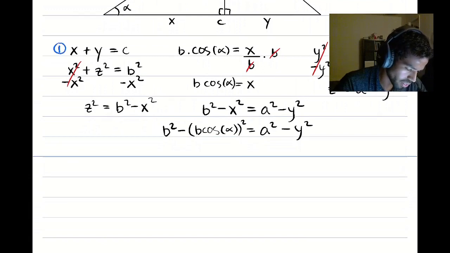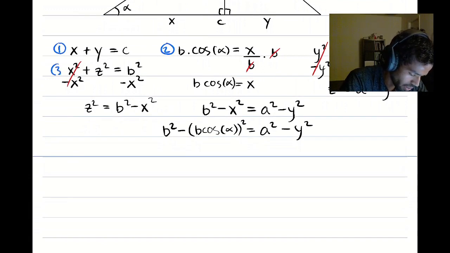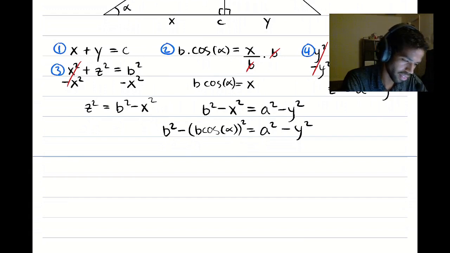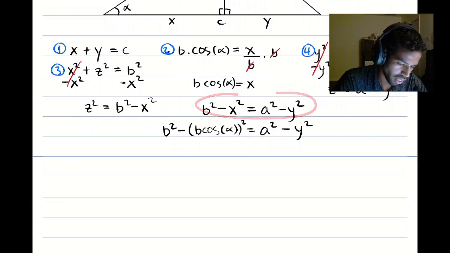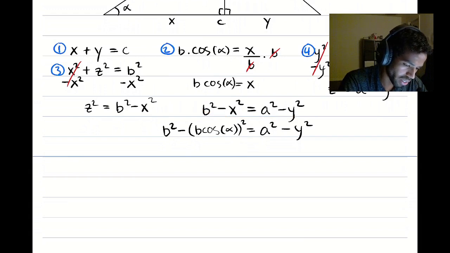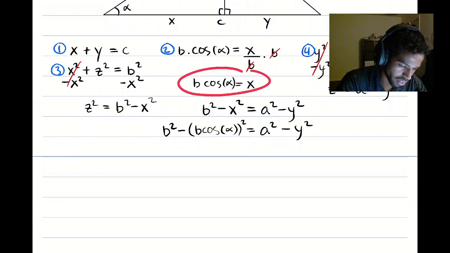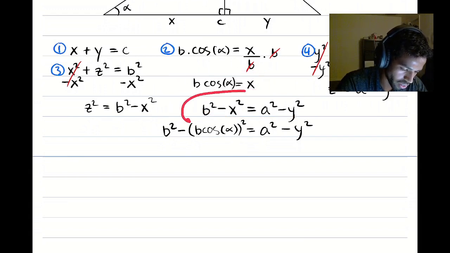So I have equation 1, I have equation 2, I have equation 3, which I combine with equation number 4. So that's what I have over here. And now I'm substituting equation 2. So the next step was I substituted equation 2 into here.